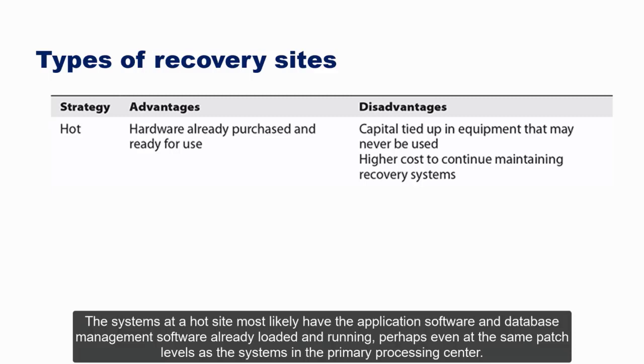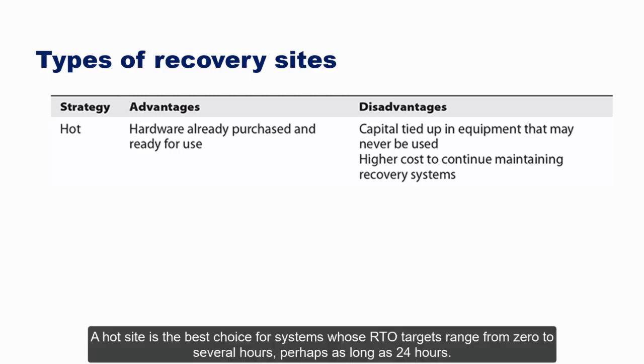The systems at a hot site most likely have the application software and database management software already loaded and running, perhaps even at the same patch levels as the systems in the primary processing center. A hot site is the best choice for systems whose RTO targets range from 0 to several hours, perhaps as long as 24 hours.